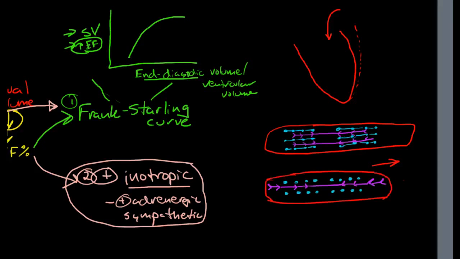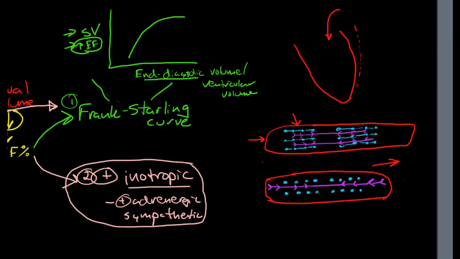And we have here at the top a stretched out fiber, and what this is illustrating is that when you have a stretched out fiber, the actin and myosin are ideally stretched apart to the point where the actin and myosin can bind very easily.